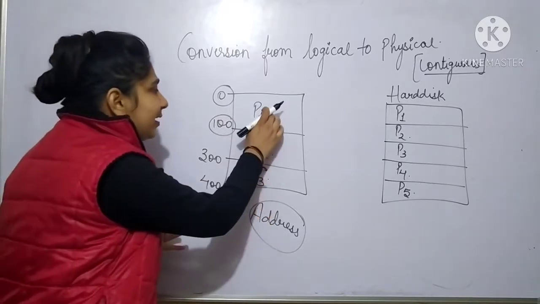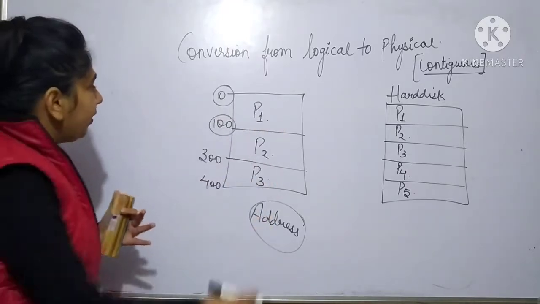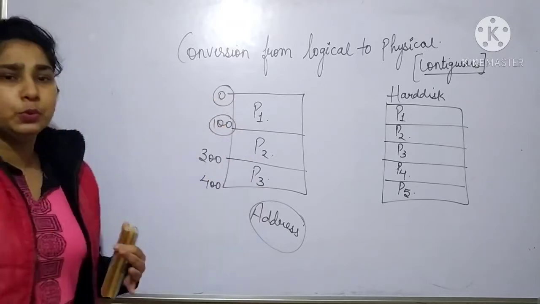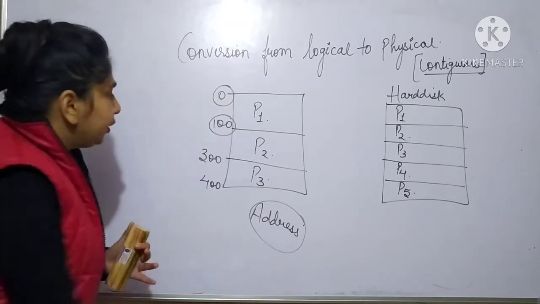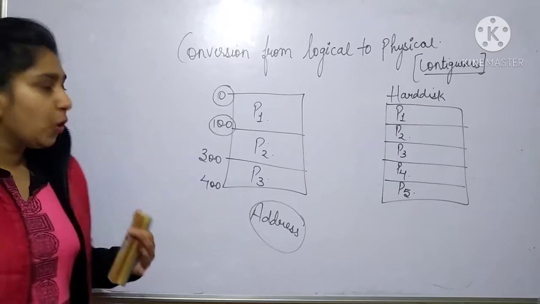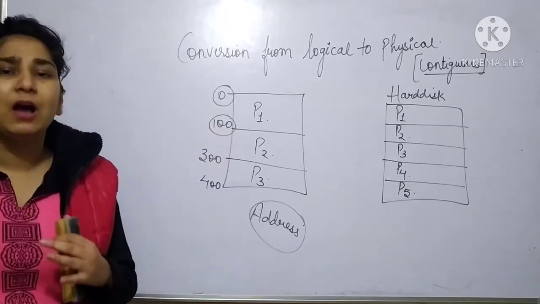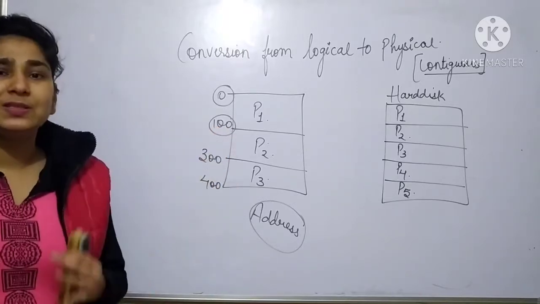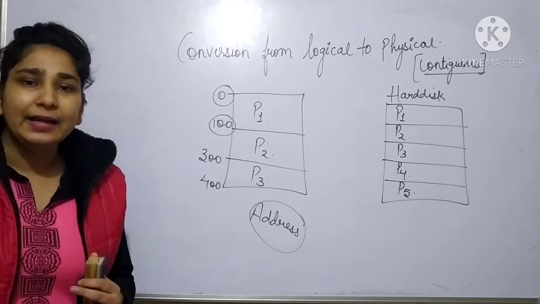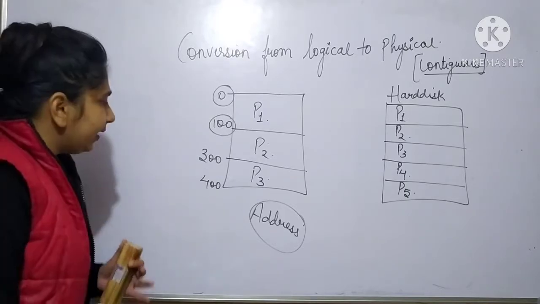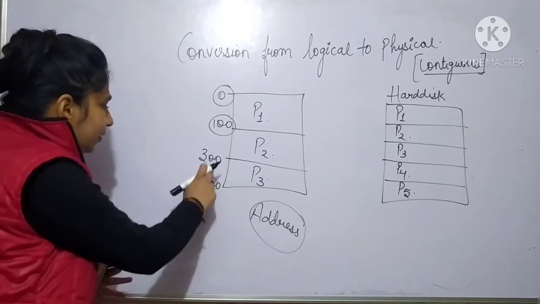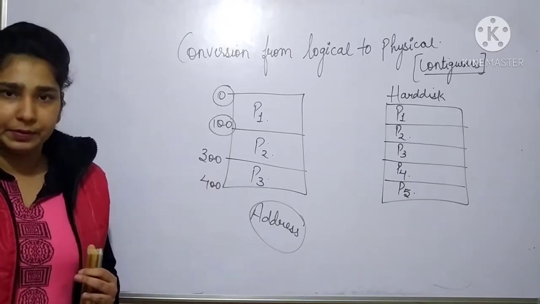Your process P1 is stored from memory address 0 to 100, your process P2 is stored from memory address 100 to 300, and your process P3 is stored from memory address 300 to 400.